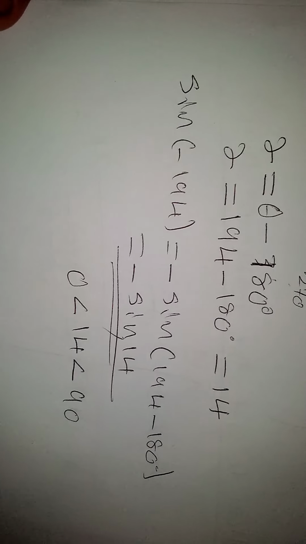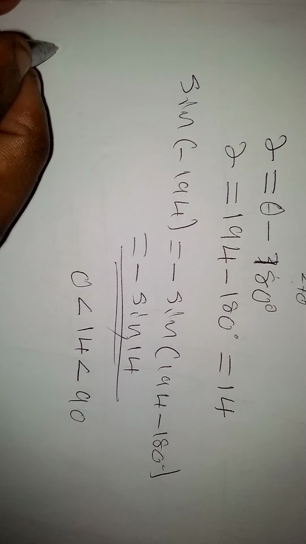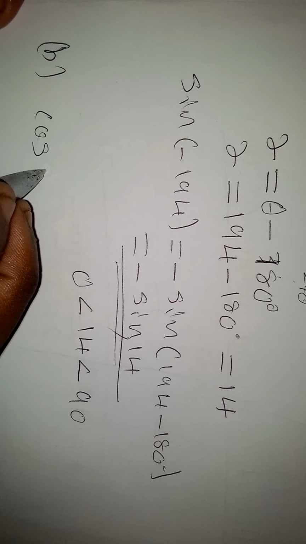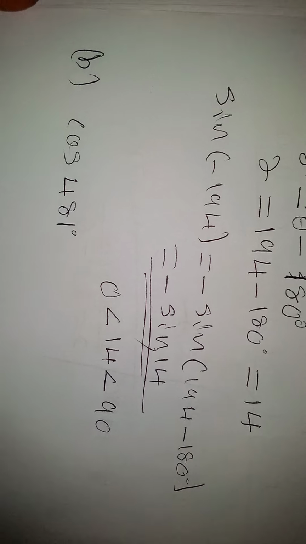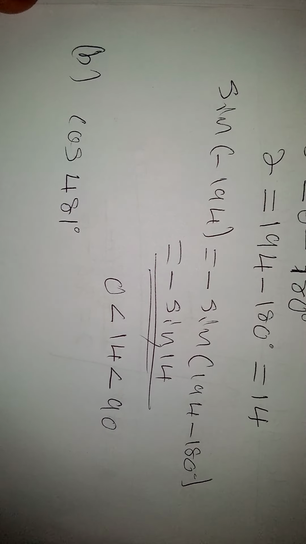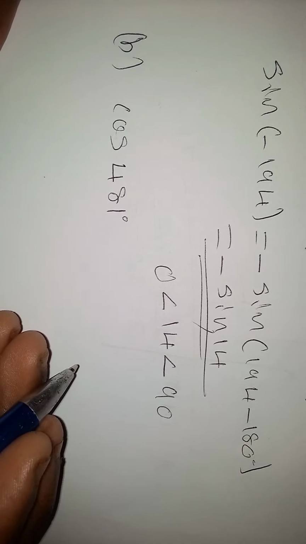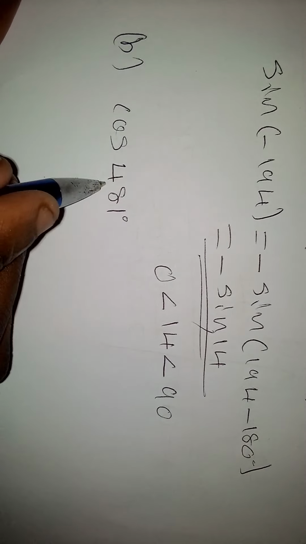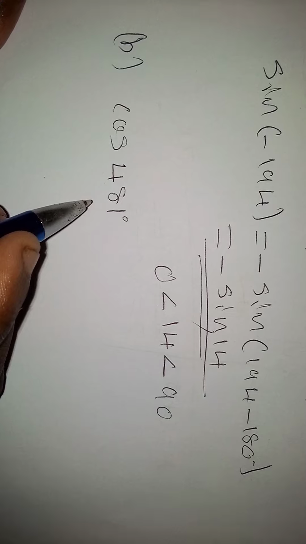Okay, so we can simply use the same information to do part B. In part B, we have cos 481 degrees. So 481 degrees is in which quadrant? You can see that 481 degrees is actually more than one complete revolution.